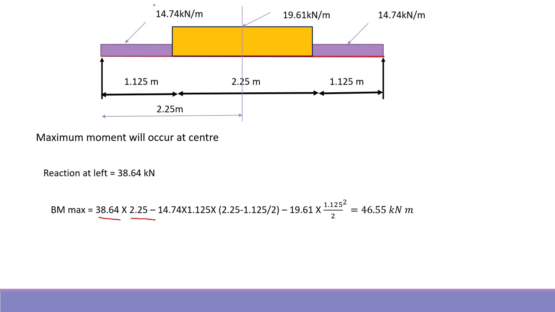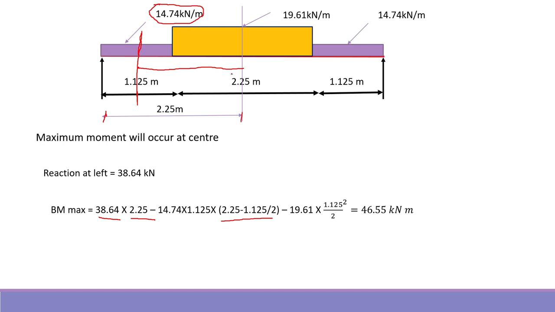And then 14.745, that is this load, into the CG distance from here to here. So from the support to the center it is 2.25, and we subtract 1.125 divided by 2, because the distance will be from this CG to the center, and we have calculated it like this.